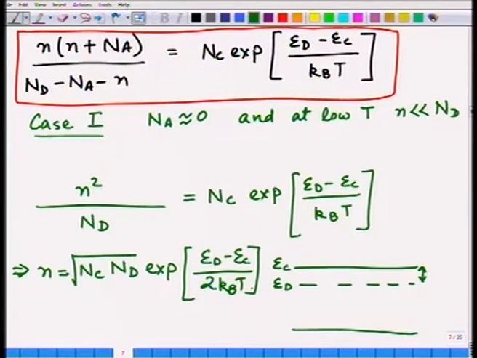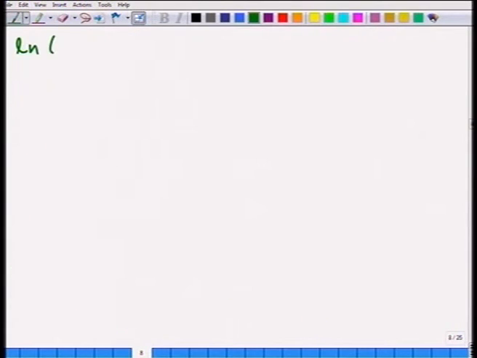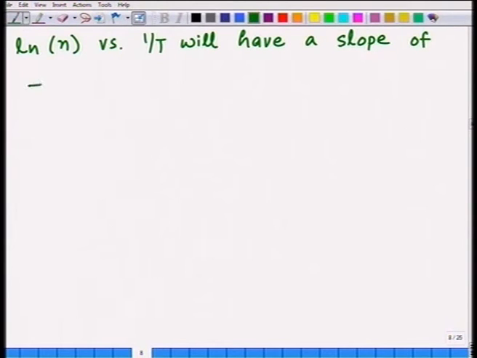That means log of N versus 1 by T will have a slope of Ec minus Ed by 2k.